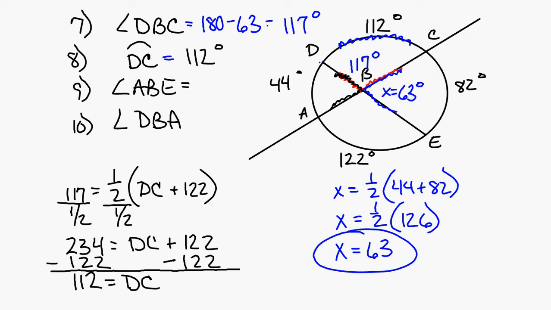This angle is what you need next. ABE is vertical with the 117, so it's 117. And then you need angle DBA. DBA is right here. It goes from D, B, over to A. And angle DBA is vertical with 63, so it's 63.